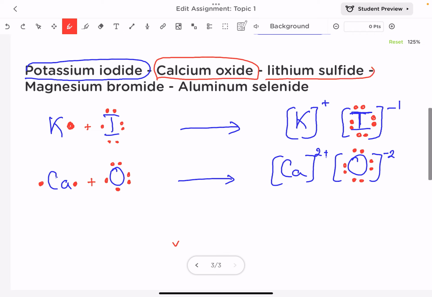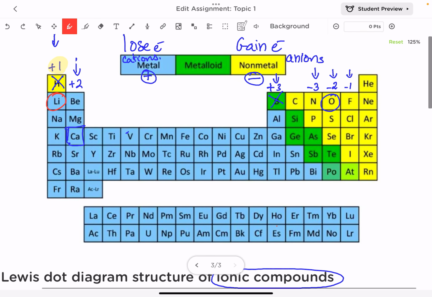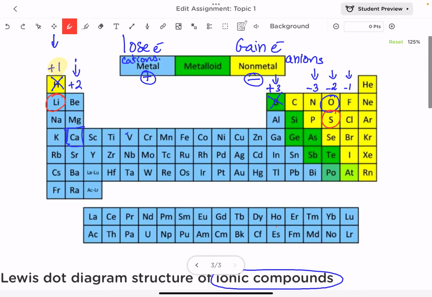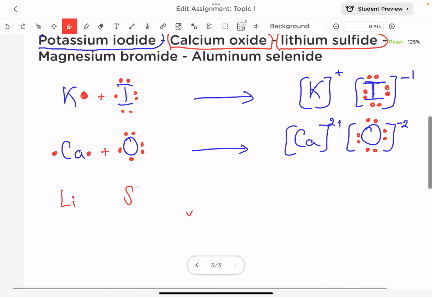Now let's move on to more complicated examples. Lithium sulfide, lithium and sulfur. Lithium group 1 and sulfur group 16. So lithium will do a plus 1 and sulfur will do a negative 2.